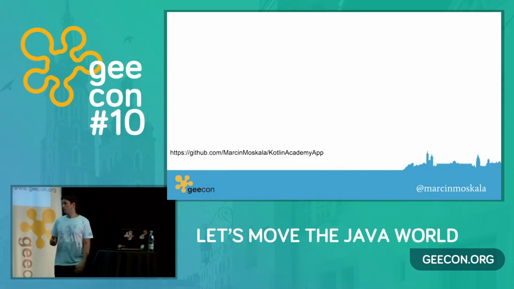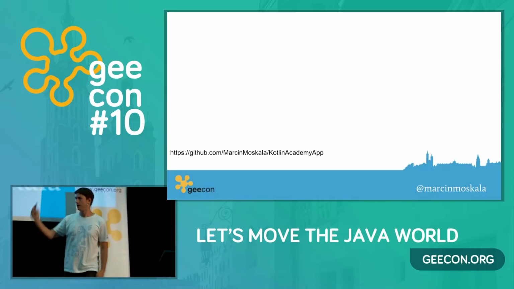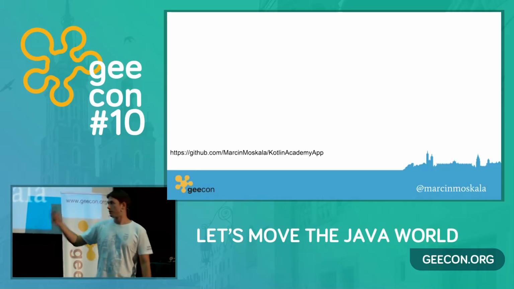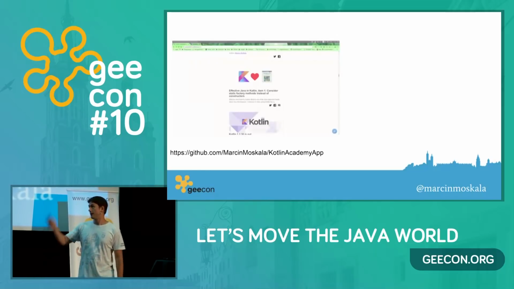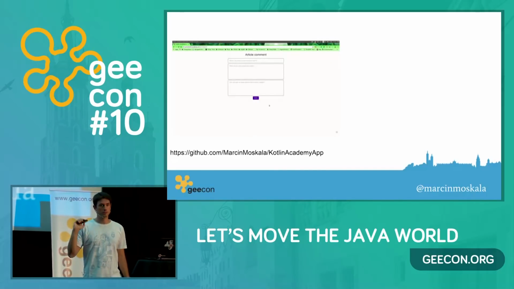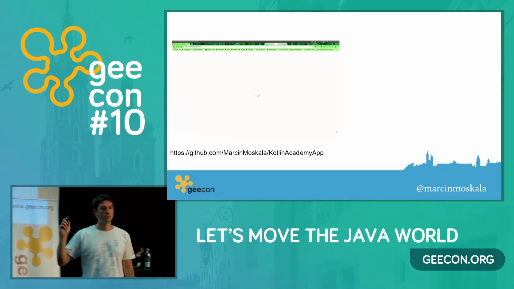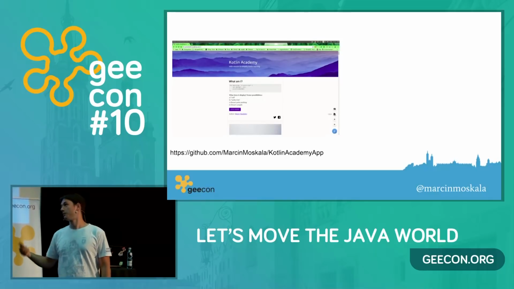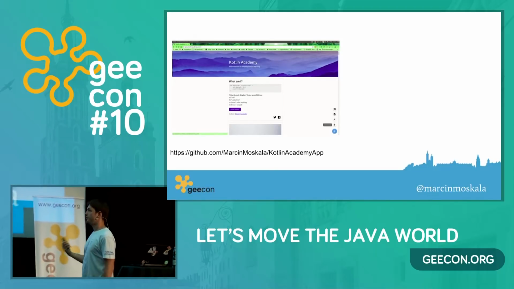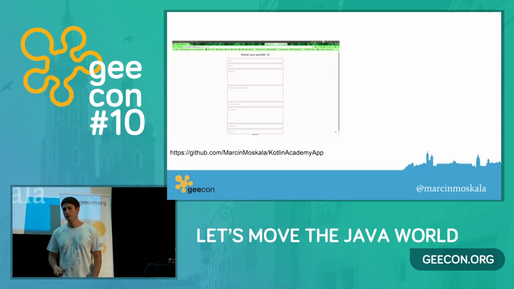If you want to see a whole multi-platform system that uses coroutines, check out my application, Kotlin Academy app. I have a frontend, which is Kotlin JS. It's actually a JavaScript frontend written in React, written in pure Kotlin.